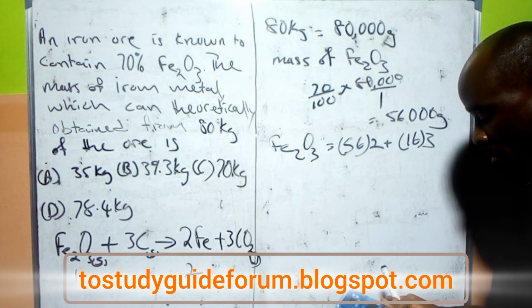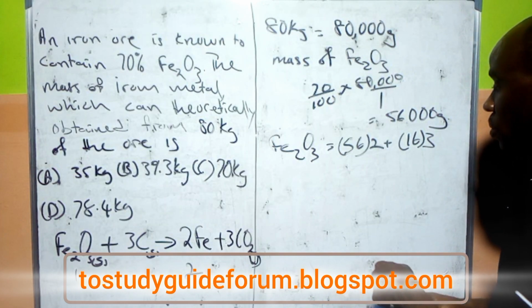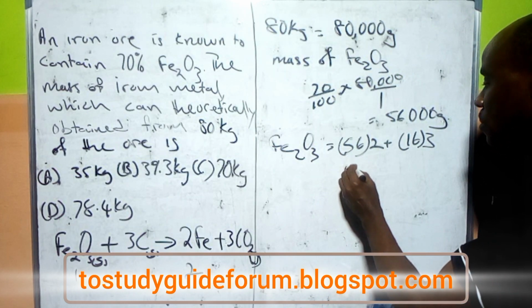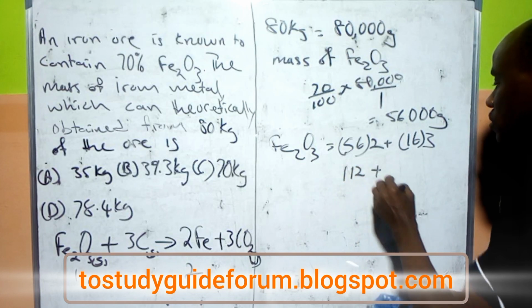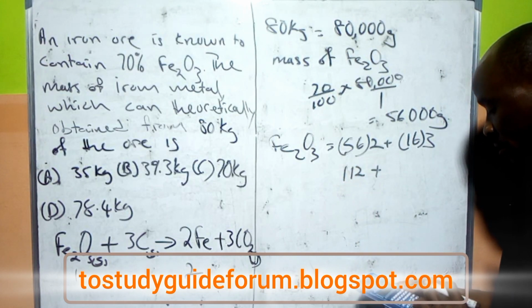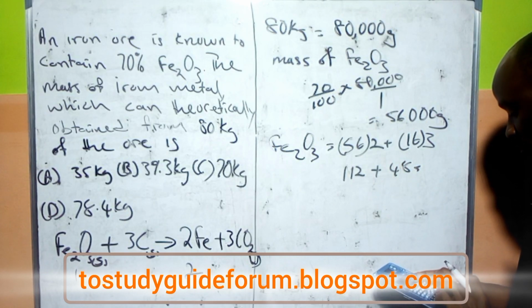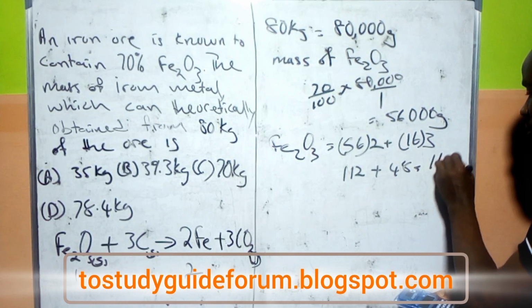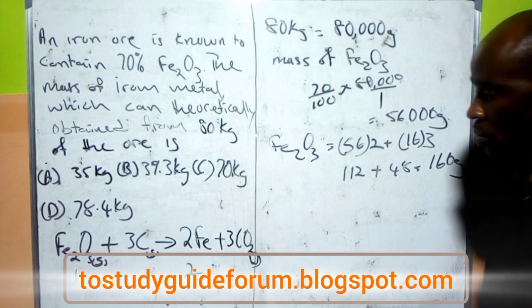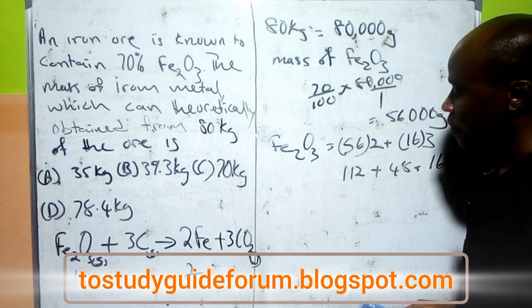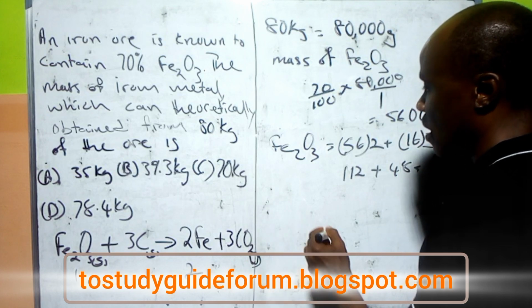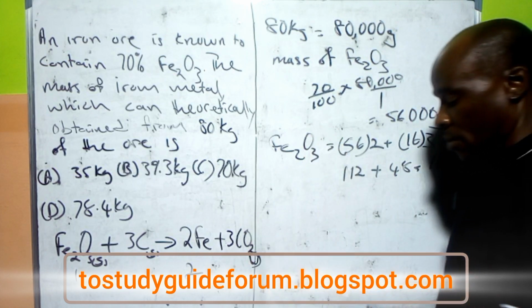So times 2, we have 112, plus 16 times 3, that will give us plus 48. We have 160 grams.